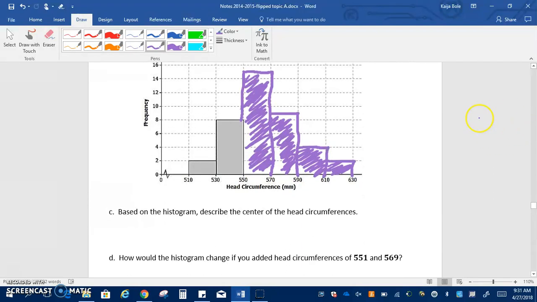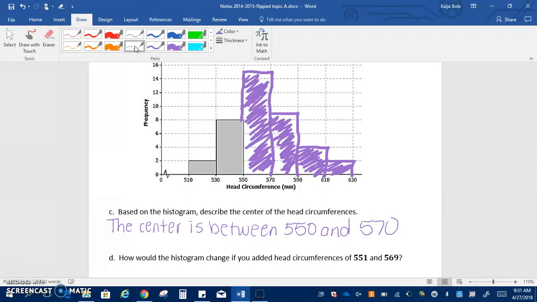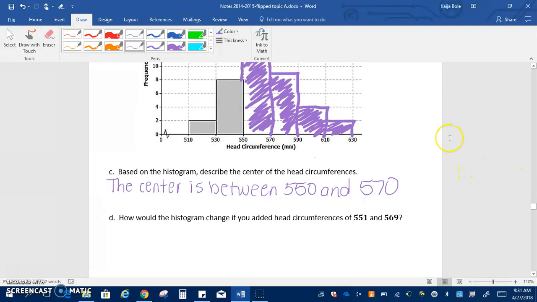It says, based on the histogram, describe the center of the head circumferences. So we would say the center is between 550 and 570, right? That's where the center is. And how would the histogram change if you added head circumferences of 551 and 569?